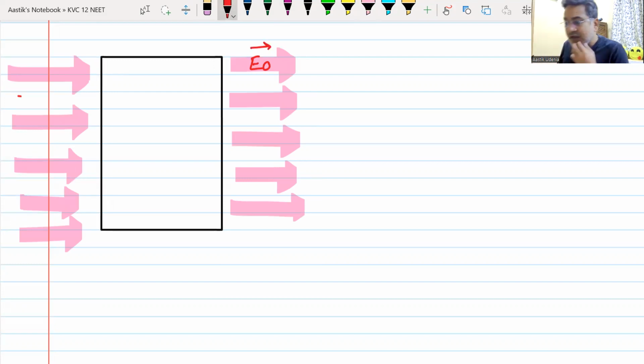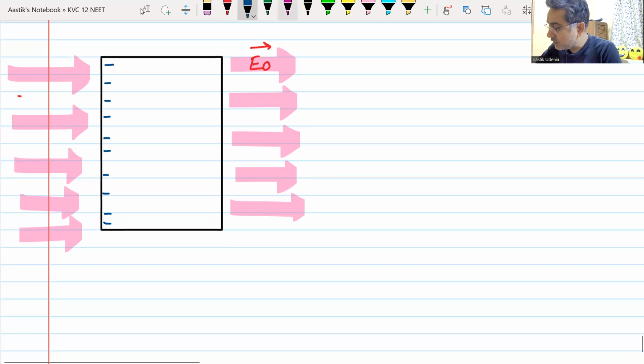Do we understand this? Because of this external field, on this side negative charge comes on the dielectric, and on this side positive charge comes on the dielectric.